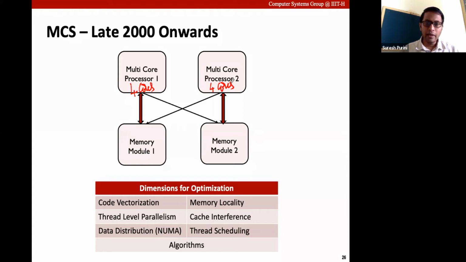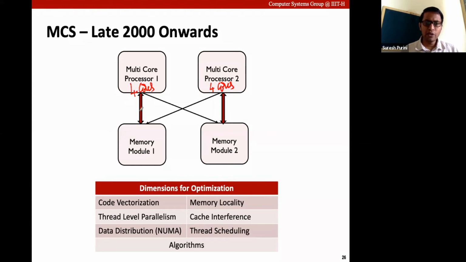If it's a quad socket machine, then you will have 4 different processors with 16 cores. And let's say if each of the processors is an 8 core processor, then you will have a 32 core machine. And your memory will no longer be in the size of 16 GB, 32 GB. It can go to 128 GB or 256 GB, etc. In which case, what happens is your memory will be partitioned.